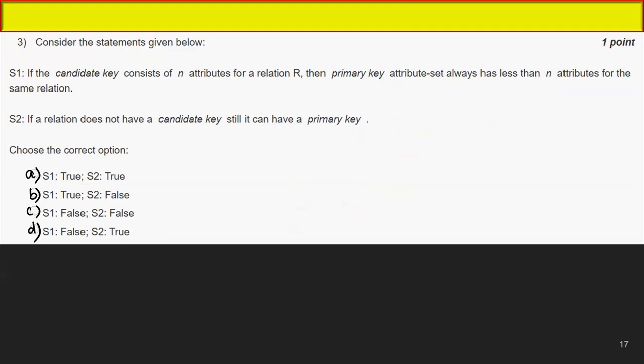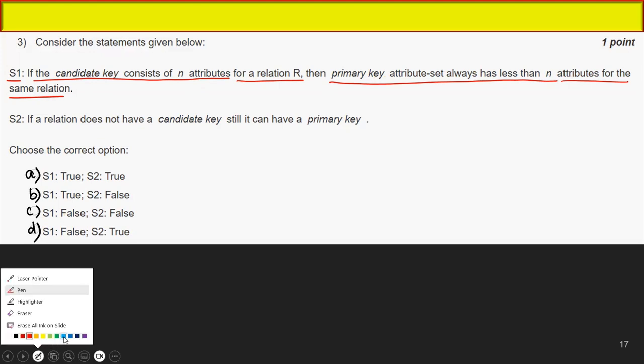This is also a code based question. Think about statement 1. If the candidate key consists of n attributes for a relation R, then the primary key attribute is always less than n attributes for the same relation. True or false?